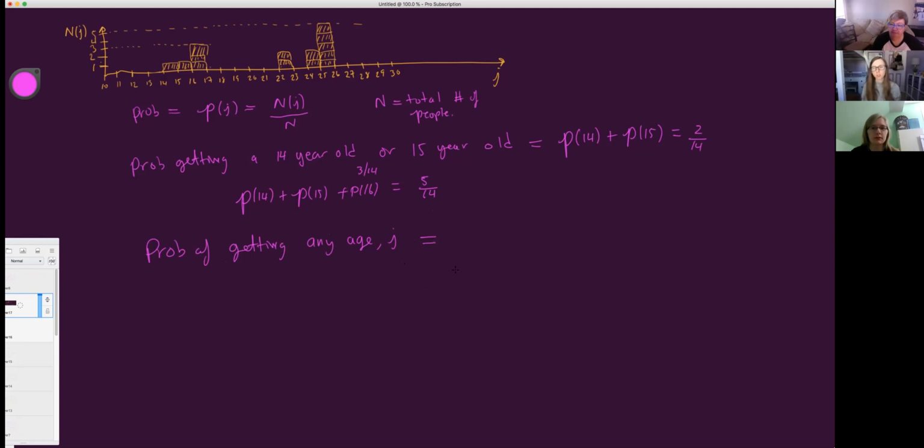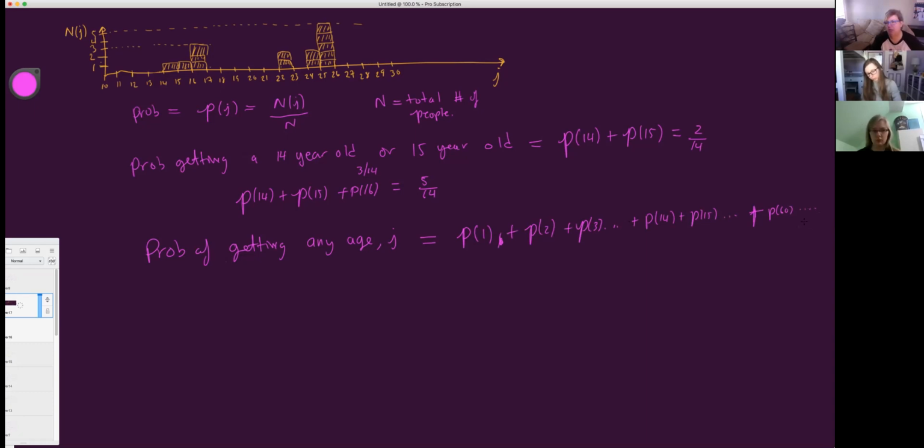Yeah, it would be 1. Absolutely, because it is the probability of getting someone who's 1-year-old, plus the probability of getting a 2-year-old, plus the probability of getting a 3-year-old, plus the probability of getting a 14-year-old, plus the probability of getting a 15-year-old, plus the probability of getting a 60-year-old, and on and on, right?